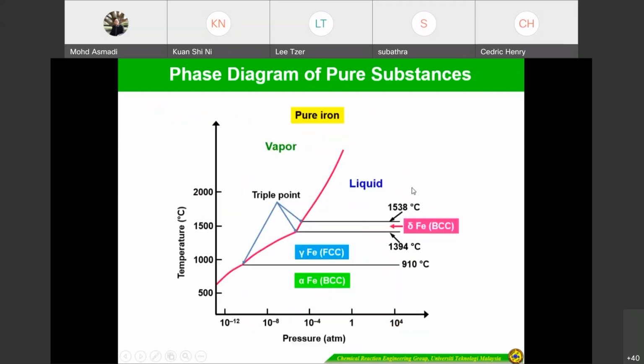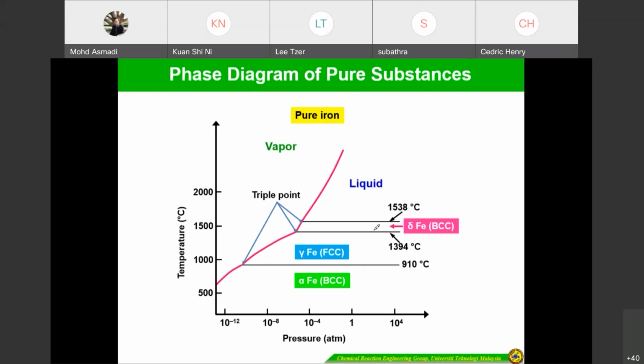If we present temperature and pressure in the phase diagram for a pure substance, this is for iron, which is a little bit different. Just now it was water. Here they have alpha. If you still remember the polymorphous structure, the definition of polymorphism is that the structure changes along with the temperature.